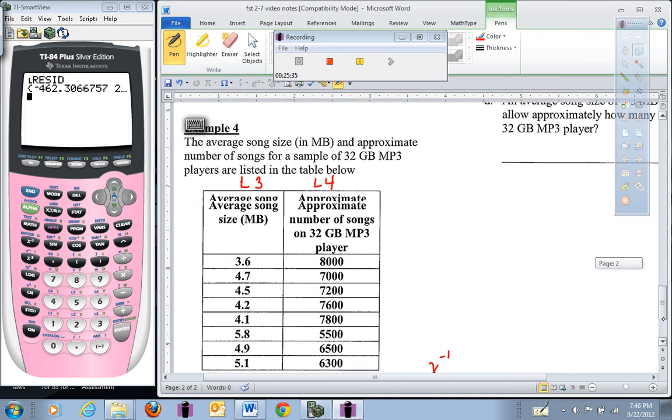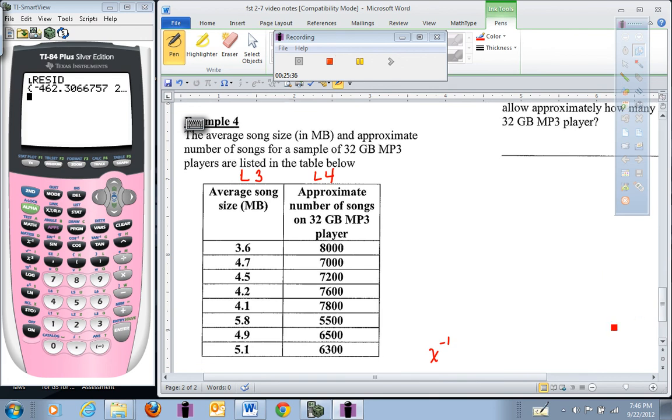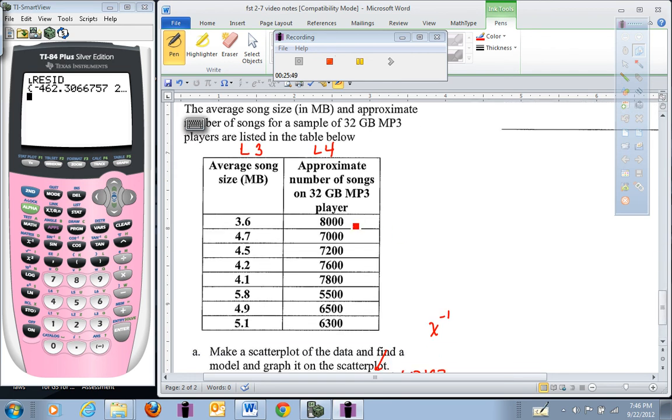We were looking at the average song size in megabytes and the approximate number of songs for a sample of a 32 gigabyte MP3 player. In other words, one that can hold 8,000 songs had 3.6 gigs. Our numbers are a lot larger in this problem because we have these numbers for our Y values over here in our second list.